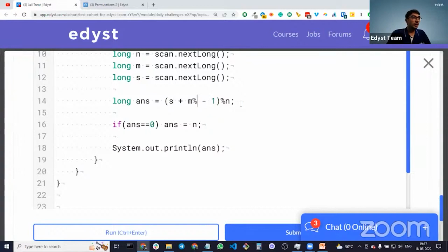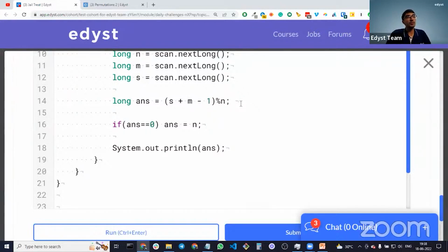If you did modulo n here, there are chances that this thing might just turn out to be negative. S minus 1 could be negative because let's say this is 0, and m modulo n gives you 0 also. And this one becomes minus 1.